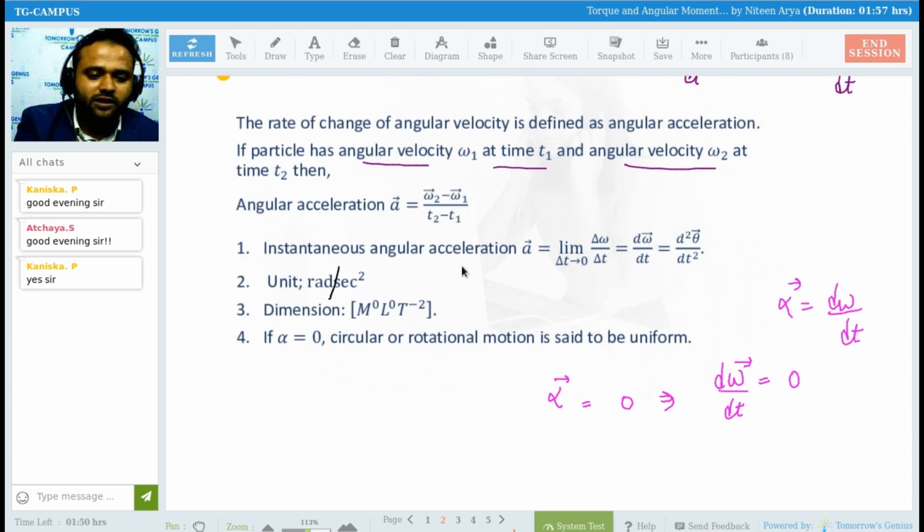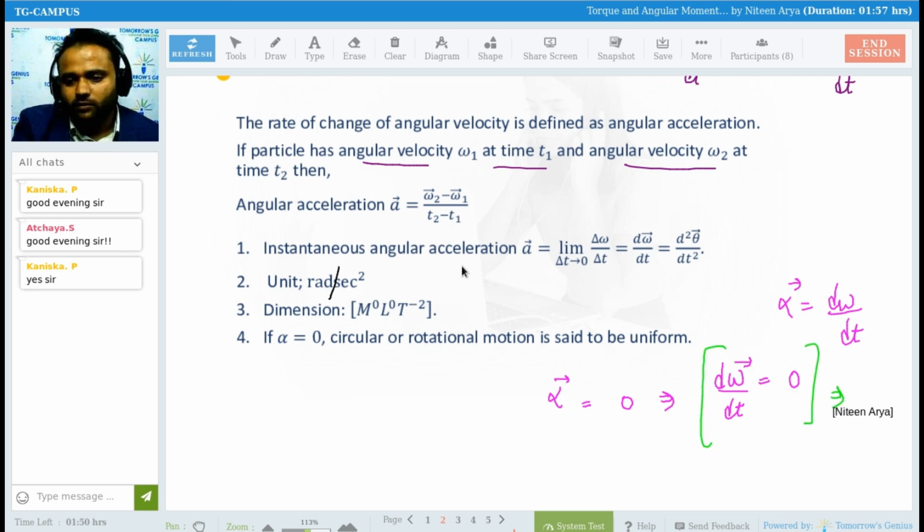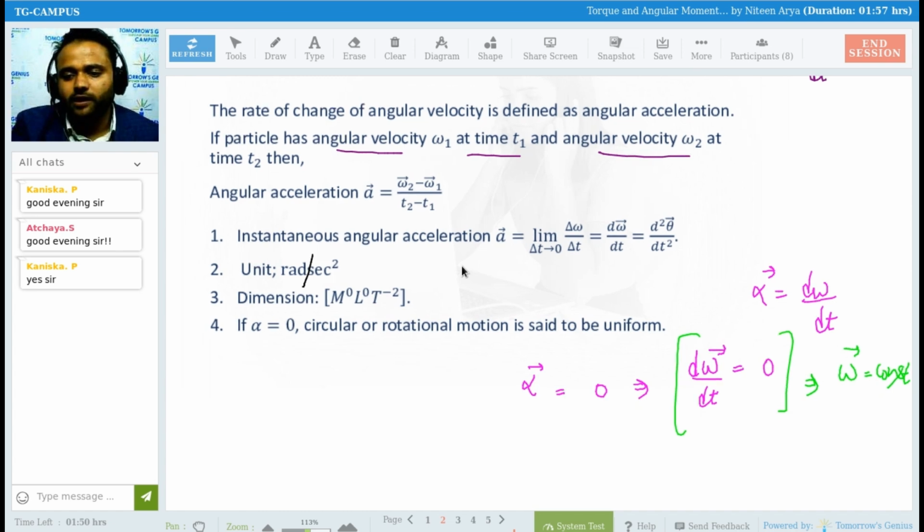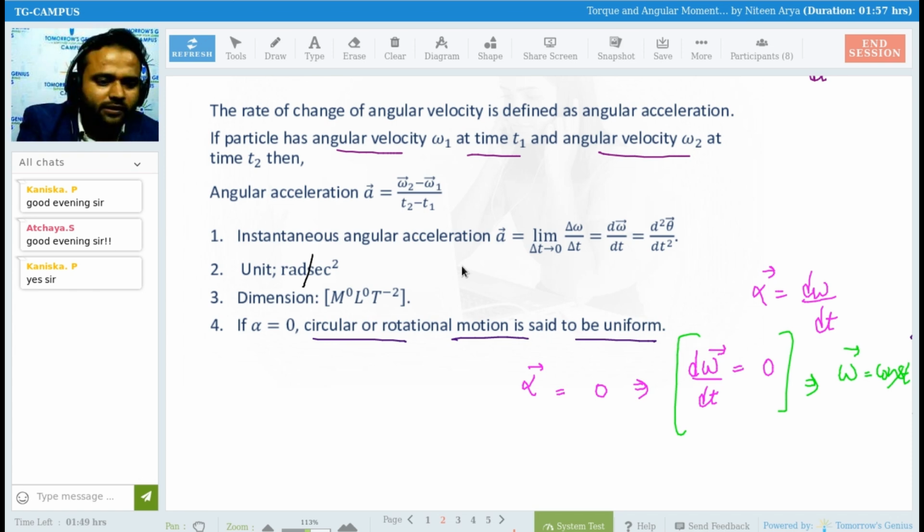So it means omega is a constant, like in uniform motion where acceleration is 0. Omega is constant means angular velocity is not changing, so the circular or rotational motion is said to be uniform. Is this clear, everyone? That is easy to understand.